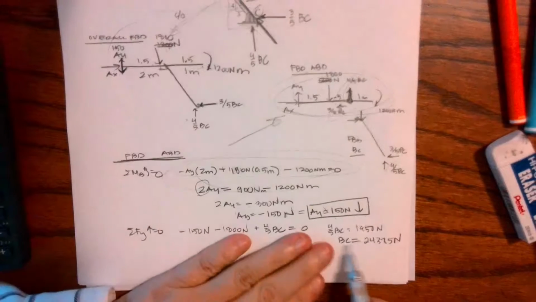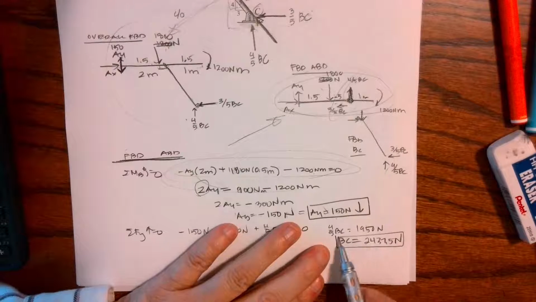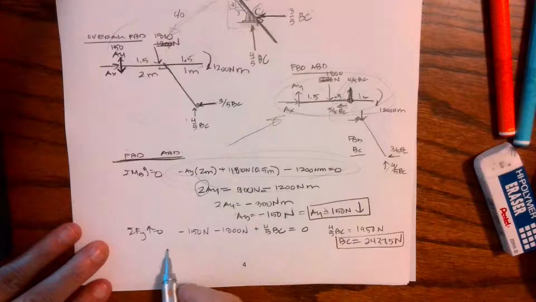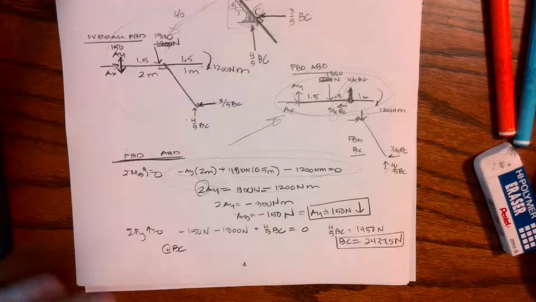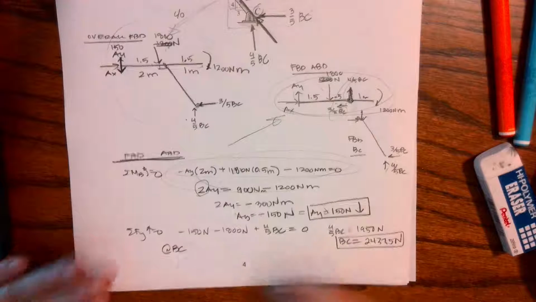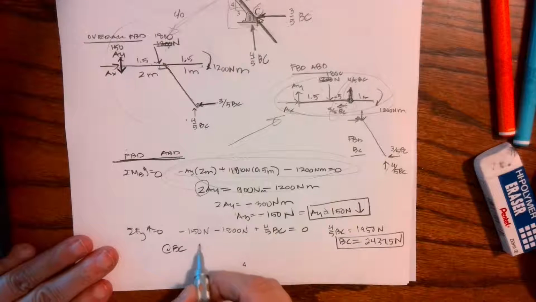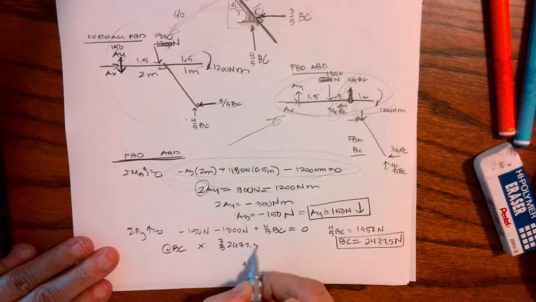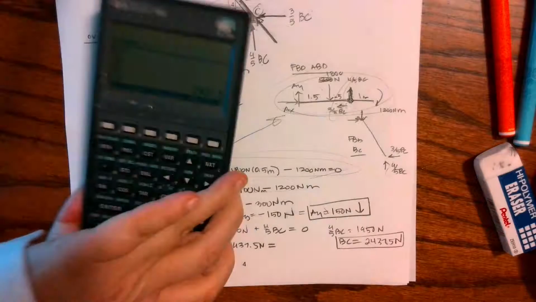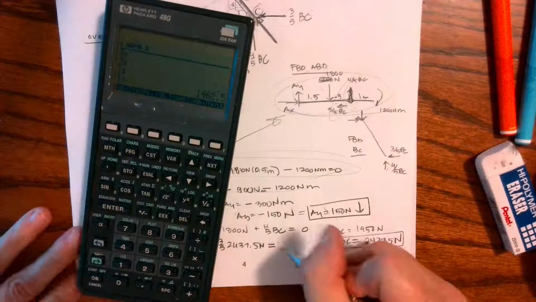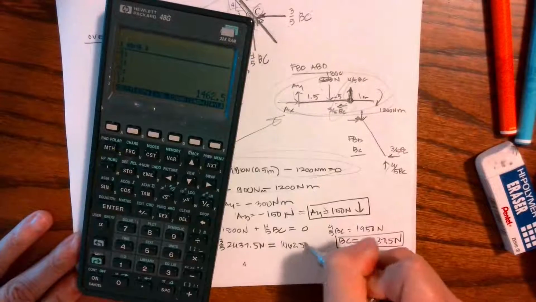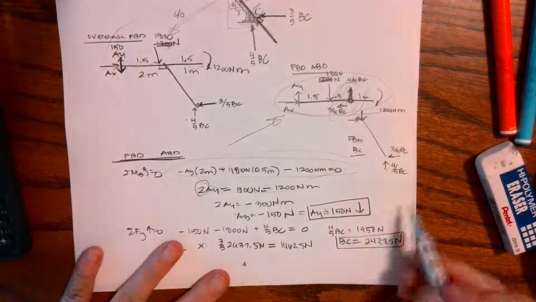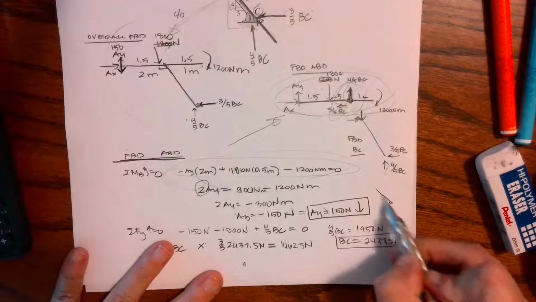If BC is 2437.5 positive, I can now find that the X component is 3/5 of 2437.5 newtons. 3 times 2437.5 divided by 5, and I get 1462.5 newtons. Okay, so now I've looked at this little nugget right here, recognizing that it's a 2-force member.